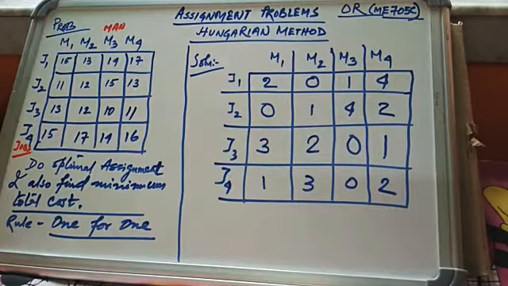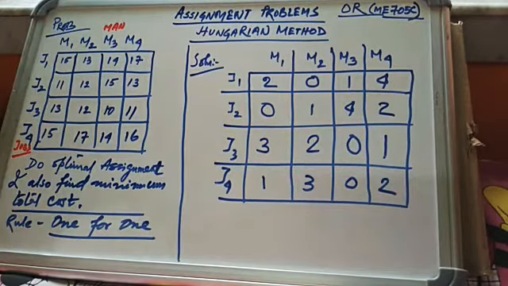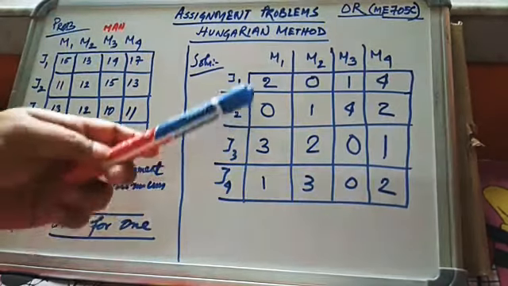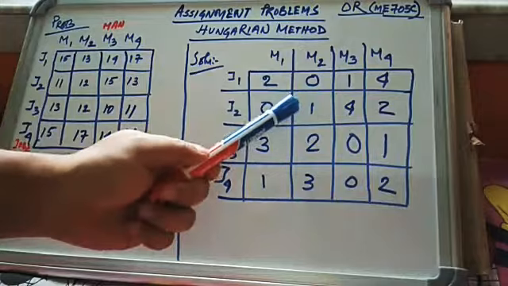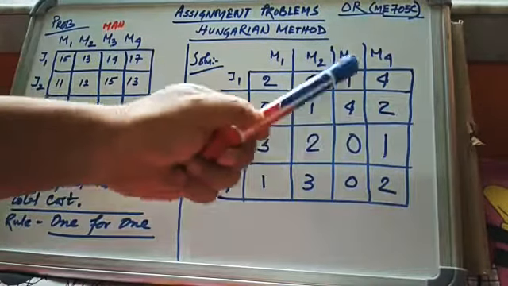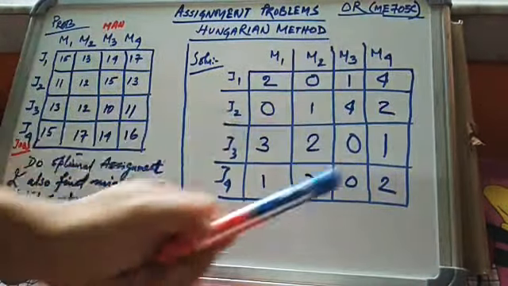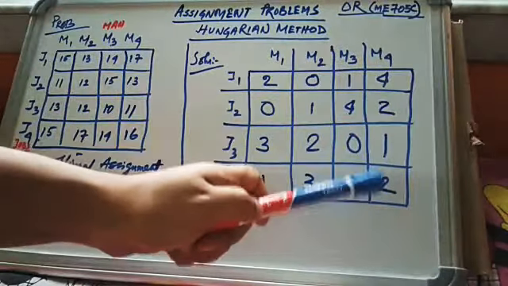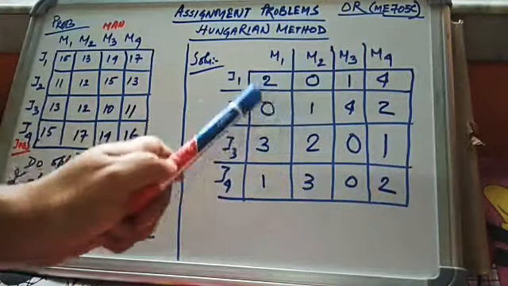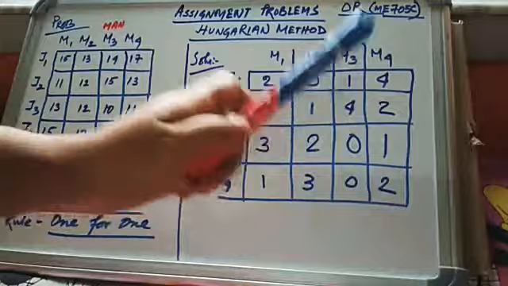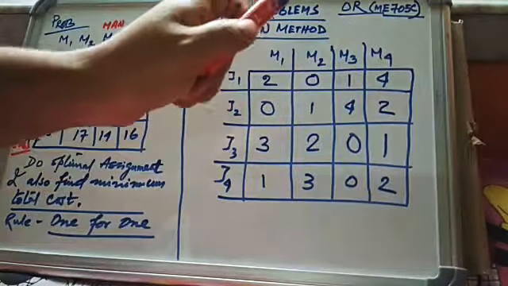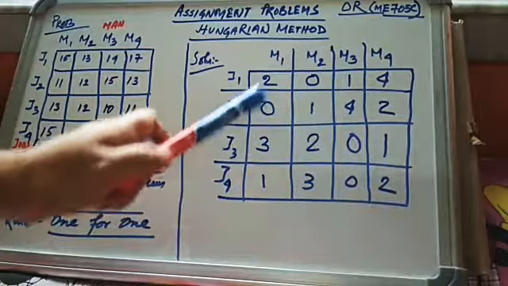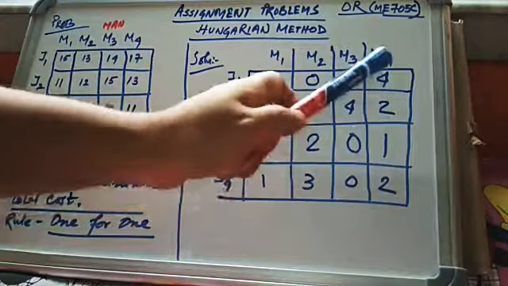If any row or column doesn't have any 0, then we have to again perform a row operation or column operation as needed. In this scenario, we have to do only a column operation, because in each and every row we have got at least one 0, but in columns we have 3 columns with 0, and the last column doesn't have any 0.